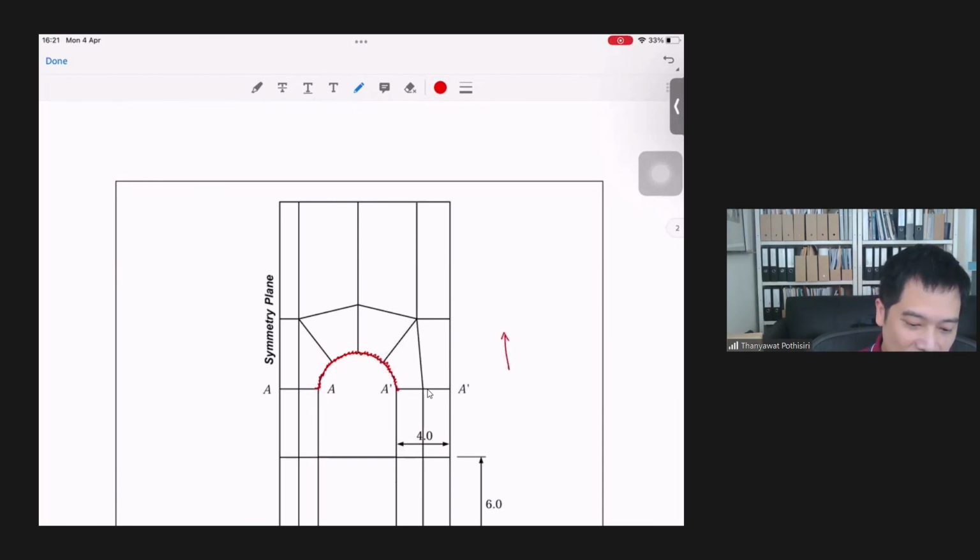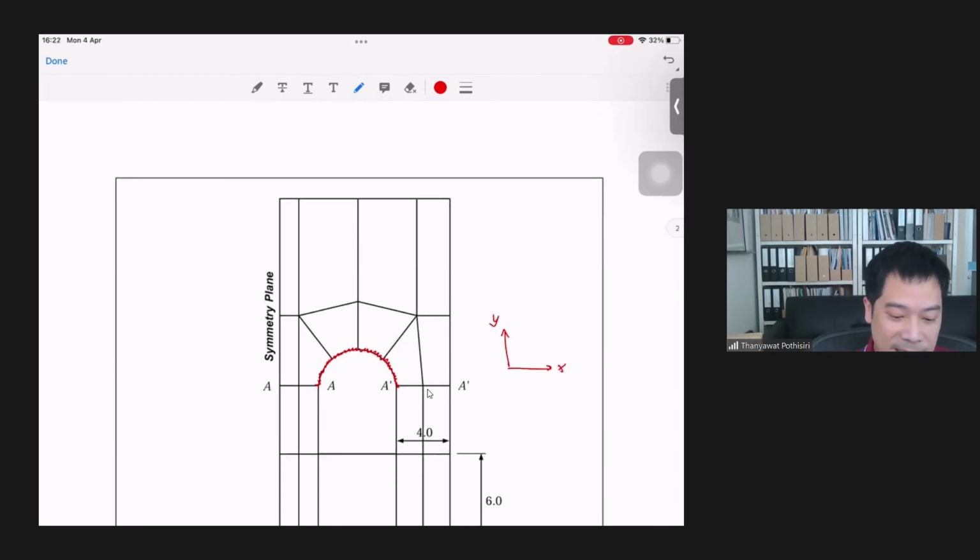So in global coordinates, you would probably obtain sigma x and sigma y and tau xy, right? So these are in global coordinates.